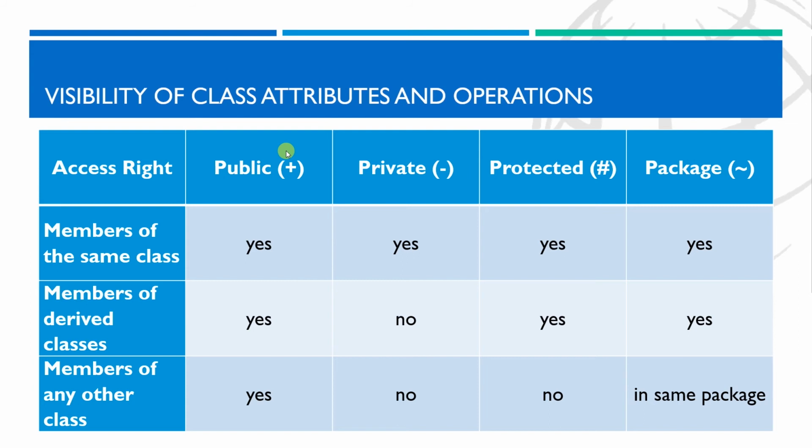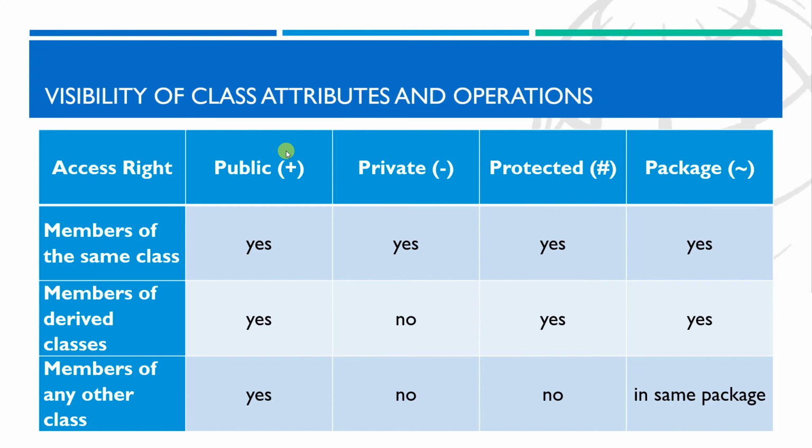But if we have a public visibility symbol in an attribute or method, and we are trying to access it from any other class, we can do it, because the access right allows you to use it in this situation.